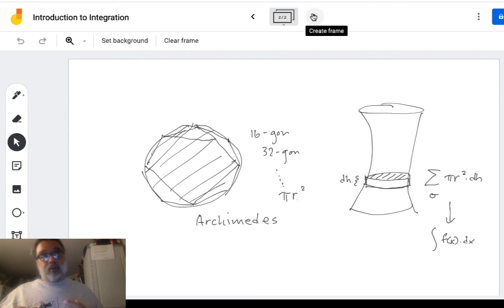Right? The integral really refers to the whole, so integration is about finding the whole by adding up lots of little pieces. And so we'll be digging into that more and more over these next couple weeks.